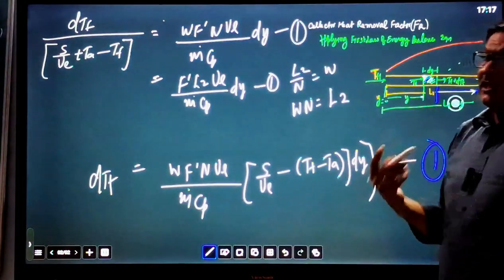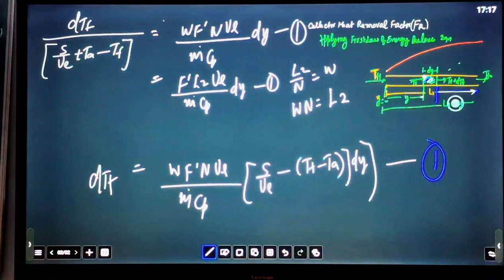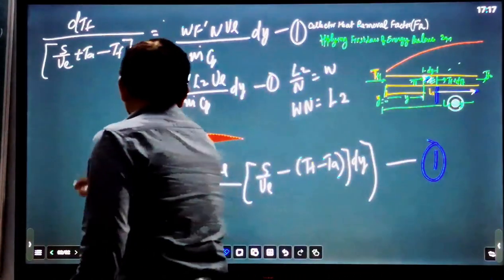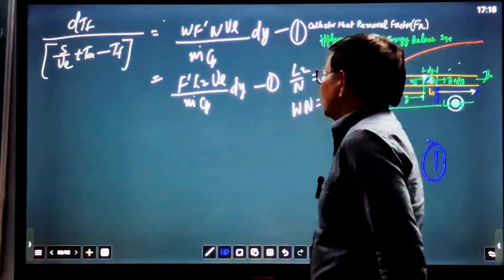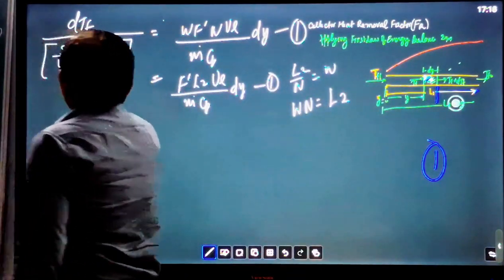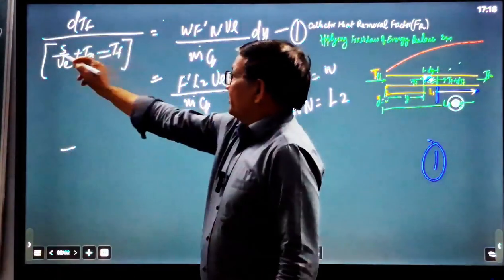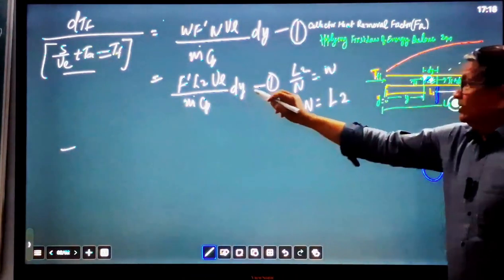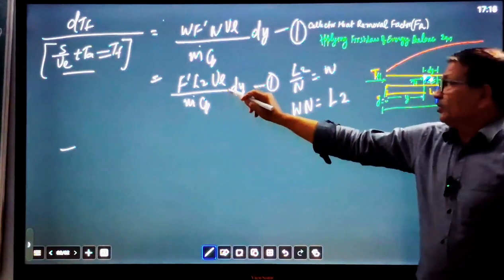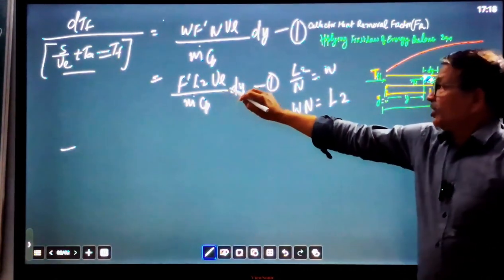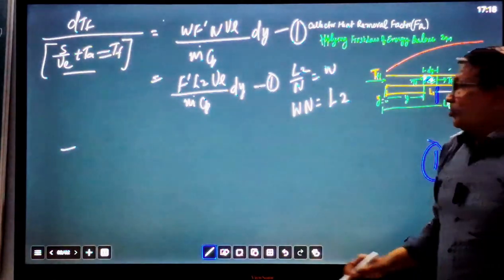And now this is integrable. Integrating this equation as an indefinite integral, there is a minus sign, and on the left side these are constants. UL, the L is not a number, it is only a suffix. UL means the overall heat loss coefficient.